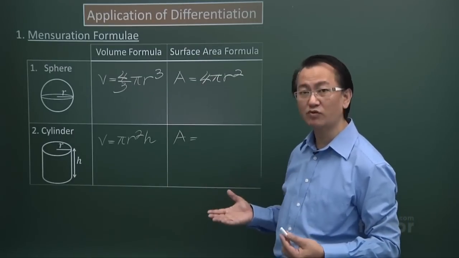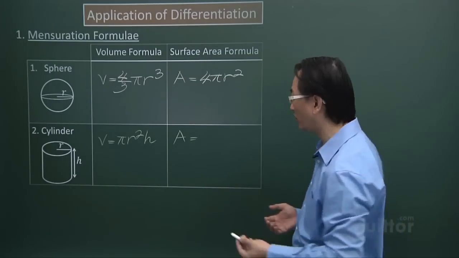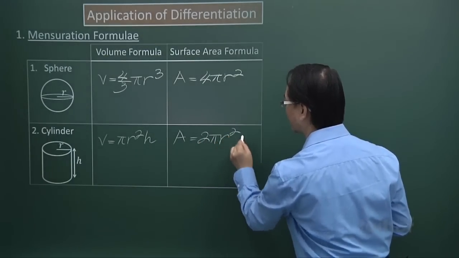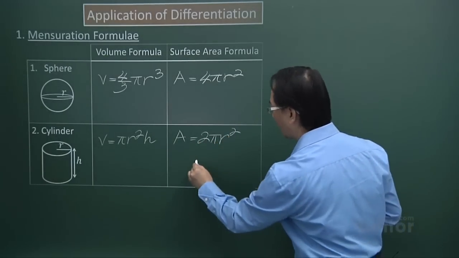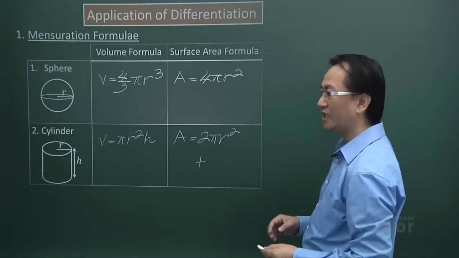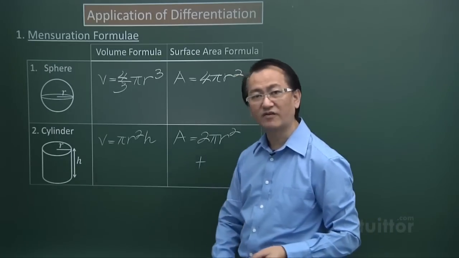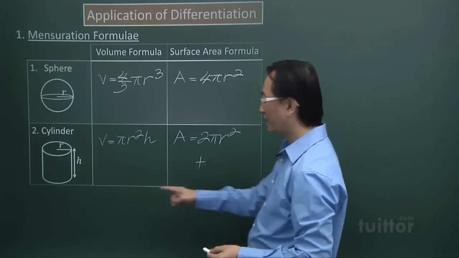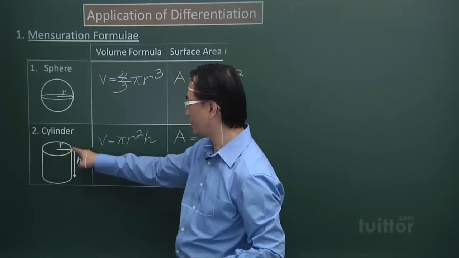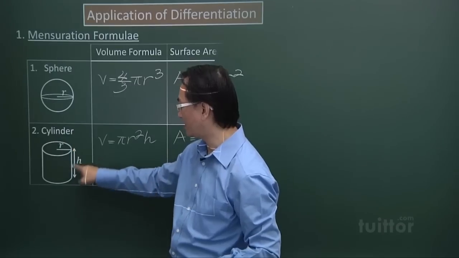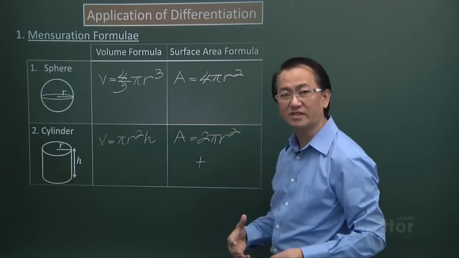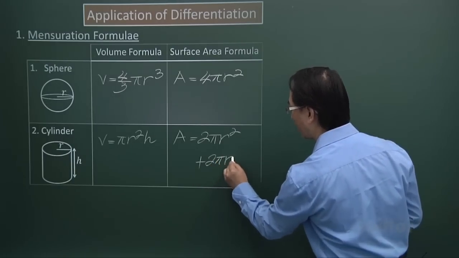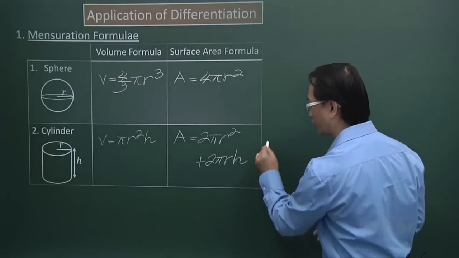So if I have two of those areas, then it will be 2 pi r squared plus, of course, the curved surface area, which is just the circumference of the base times the height. The circumference would be 2 pi r and the height is h.